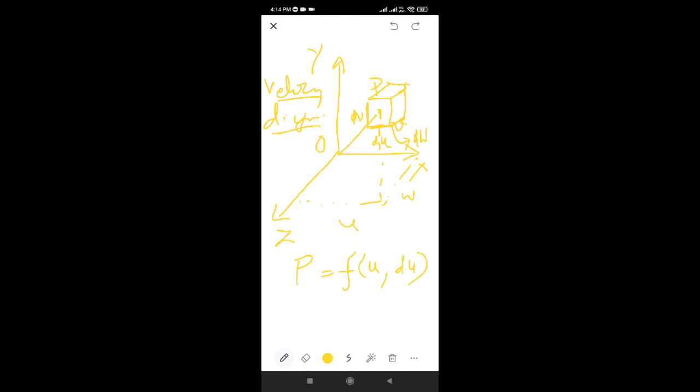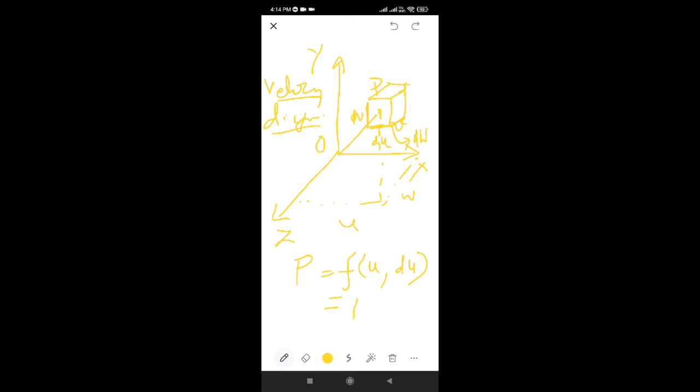The probability of finding a particle whose velocity is in between u and u plus du is a function of u and du only.